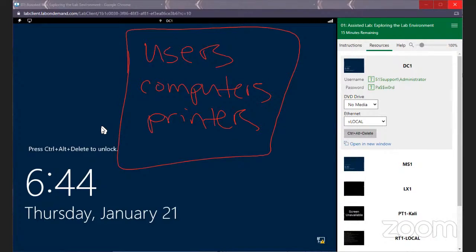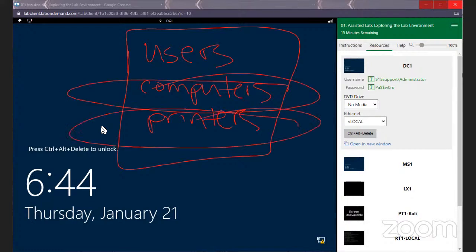Now, I was mentioning that Active Directory is key to our organization because it's one of the mechanisms that's allowing people to authenticate into our computers. It's allowing people to use our printers. It's allowing users to log in to our networks.